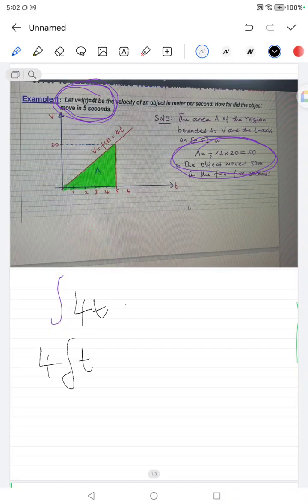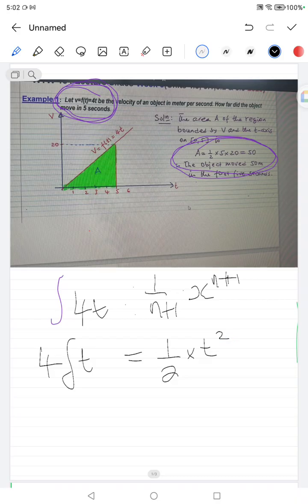The power rule says we have what? We have 1 over n plus 1 multiplied by x to the exponent n plus 1. You see? So now we're going to be finding the antiderivative of t. This will be the same as having 1 over 2 multiplied by t to the exponent 2.